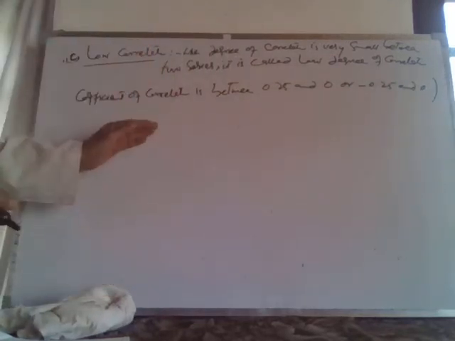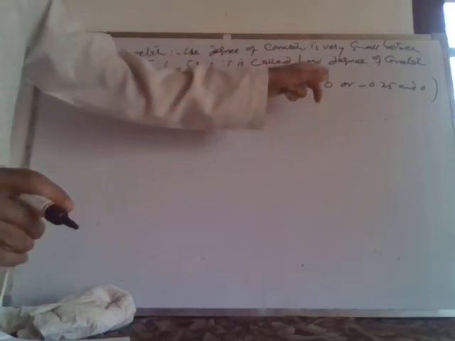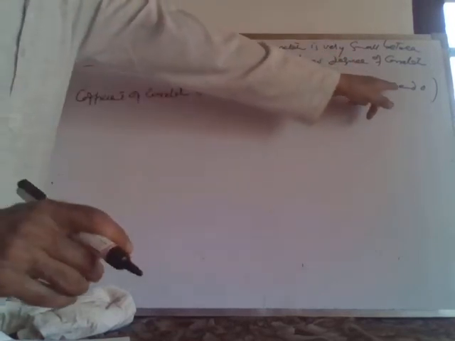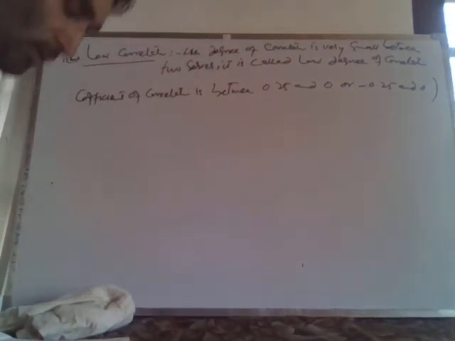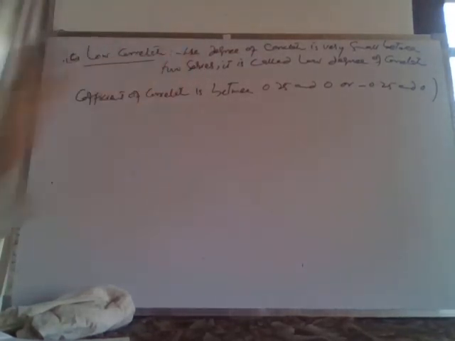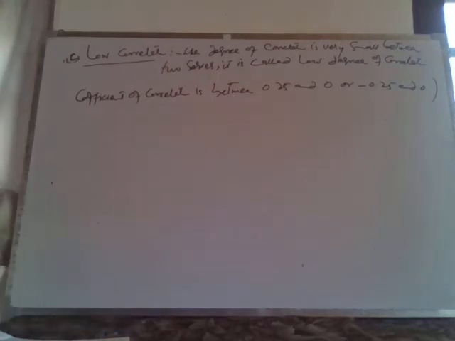When value of correlation is between 0.25 and 0 or between 0 and minus 0.25, तो इसको कहते हैं हम लो कोरिलेशन.